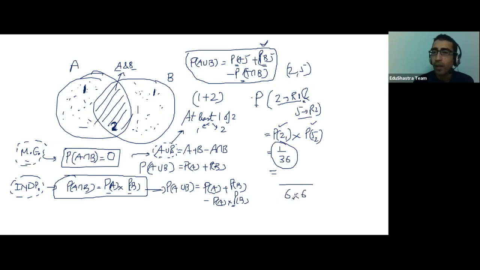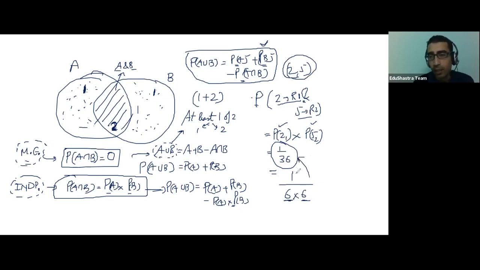If I'm rolling a dice twice, in dice 1 there are 6 options. In dice 2 or roll 2, there are 6 options. So 6 into 6, I'm going to have 36 different combinations of numbers. And my favorable case, the only favorable case is 2, 5, and thus 1. So 1 by 36 is my answer.